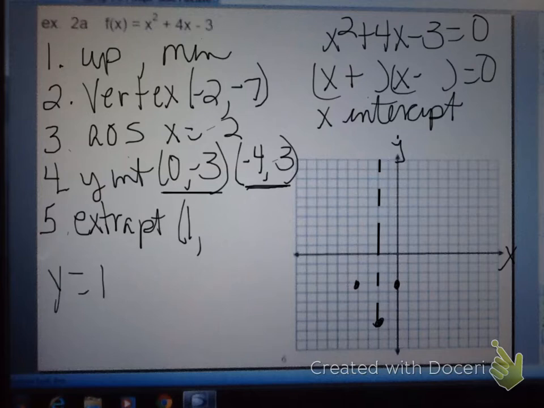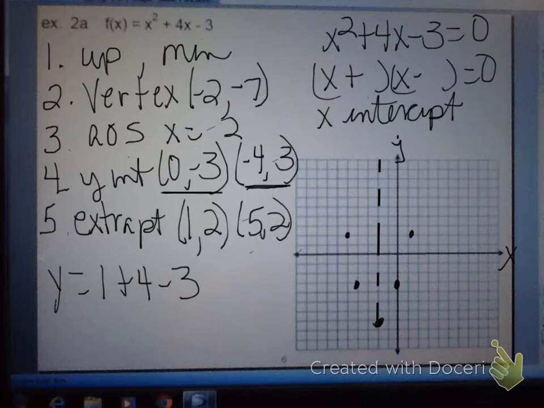That's 1 squared is 1, plus 4 times 1 is 4, minus 3. So that's 5 minus 3, which is 2. Plot that point and find the corresponding point to that. The corresponding point is negative 5, 2.